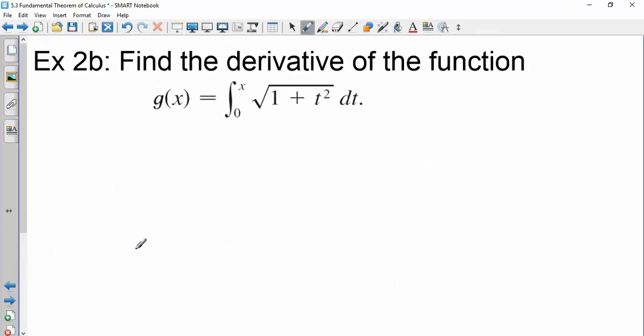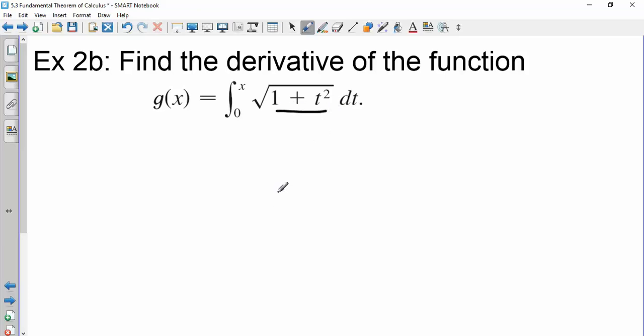So here's our next example. Right, I want the derivative of this function. So we just have to do a couple things to make sure the fundamental theorem works. It has to be a continuous function and it has to be differentiable. So a square root is defined as long as what's underneath is positive.